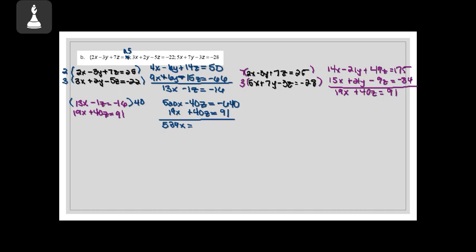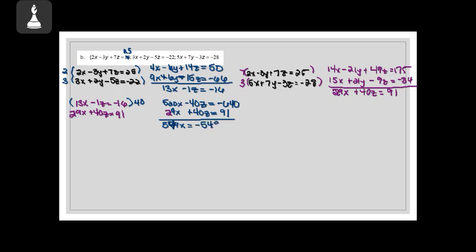I apologize here. This should be 549x. And then on this side, negative 640 plus 91 is negative 549. So make sure you fix that, please. That is a 29, not a 19. If I divide by 549, x is negative 1.